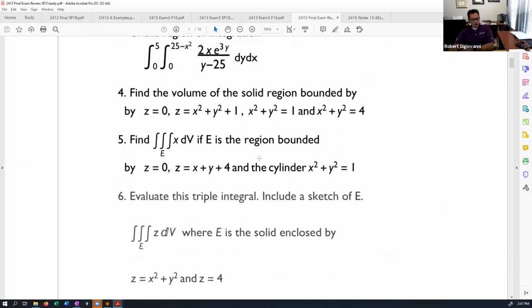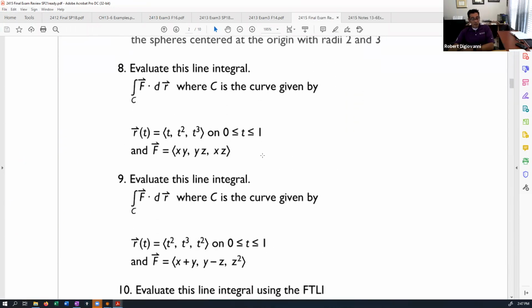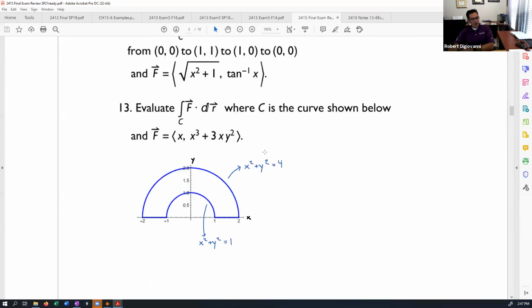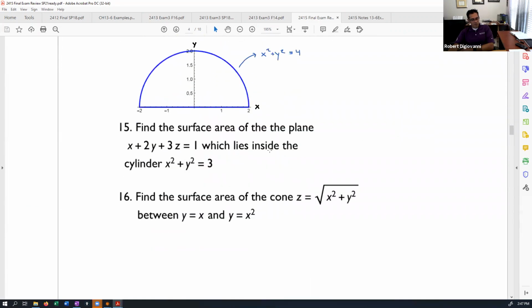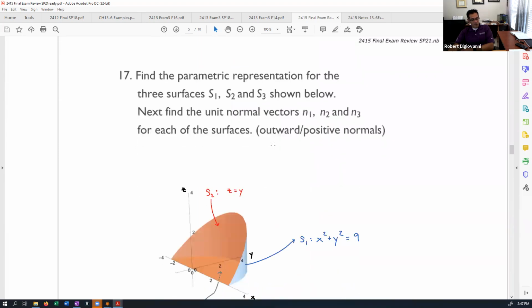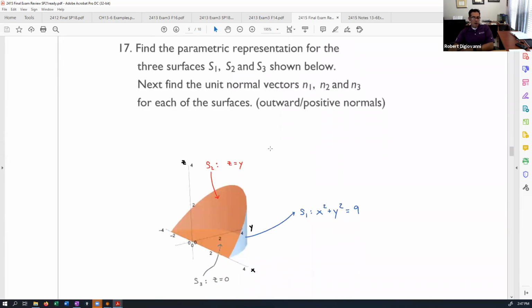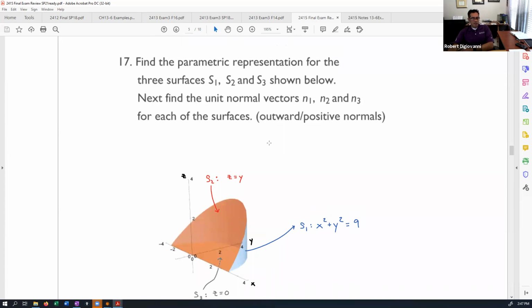Yeah, but what I wanted to see was how much of this have we done? Because right now we can't do all of this review because I don't know how far we're going to get. So look, this problem right here, number 17, we can do this now. Find the parametric representations for the 3 surfaces. That's what we did. But then I say next find the unit normal vectors. So that we haven't done.